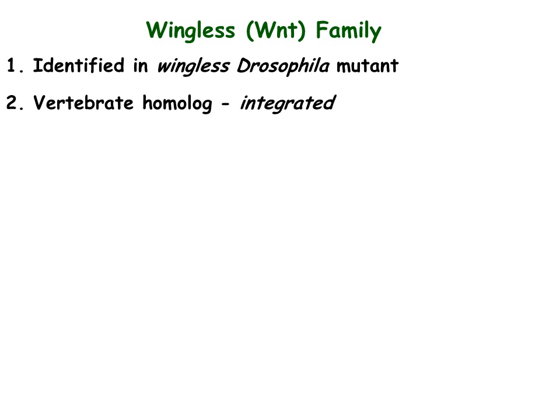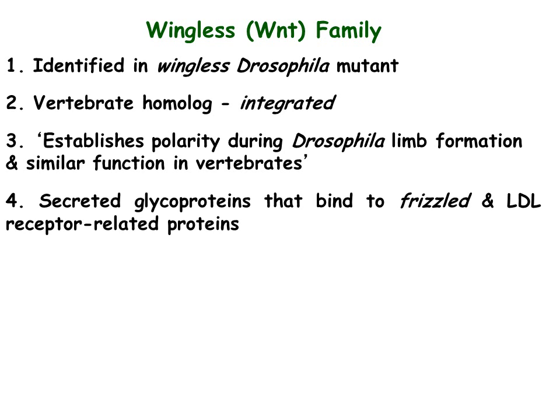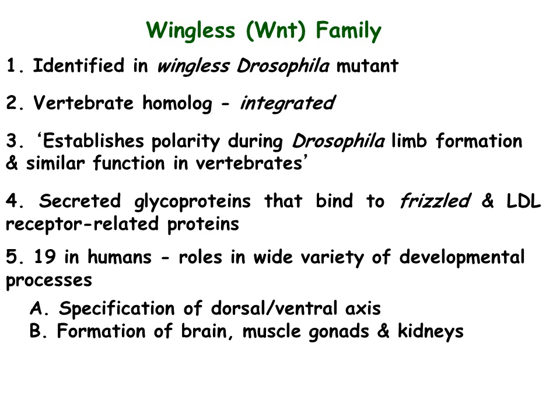There's a vertebrate homolog, we call it integrated, establishes polarity during limb formation in flies and a similar function in us. And again, there are secreted glycoproteins that are involved. They bind to a receptor, again, LDL receptor related proteins. 19 of these different receptors are in humans, and they have a wide variety of developmental processes within humans.